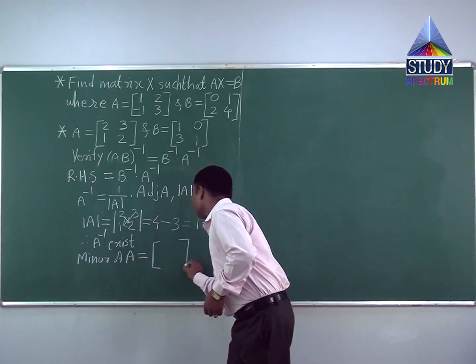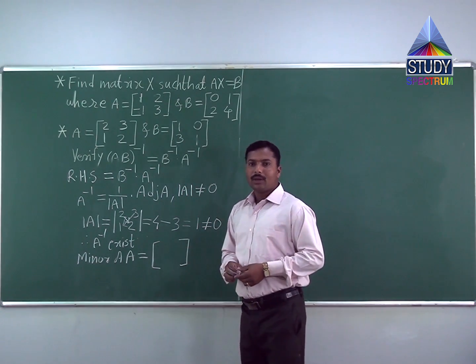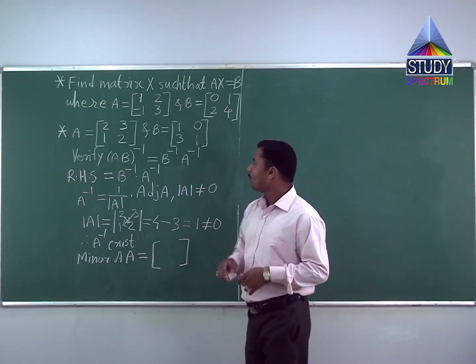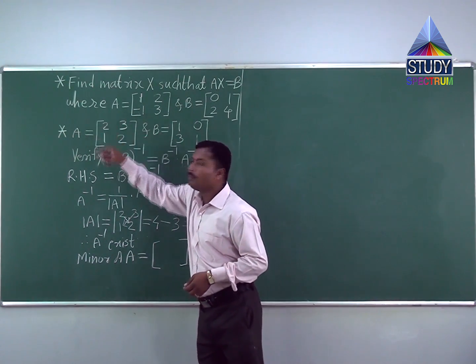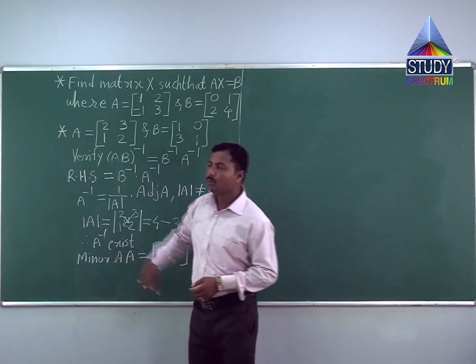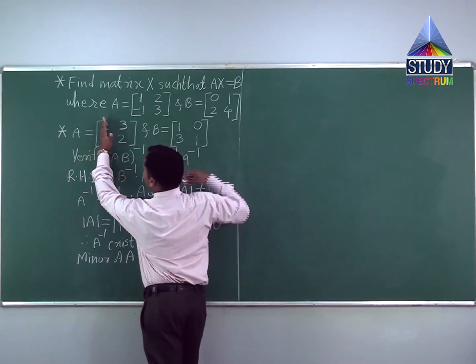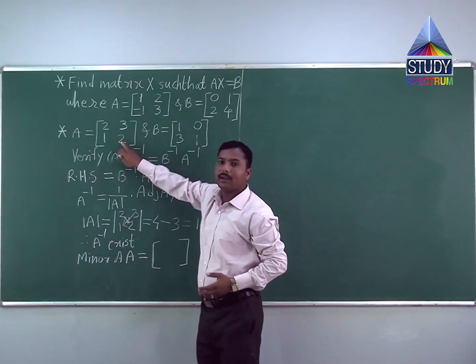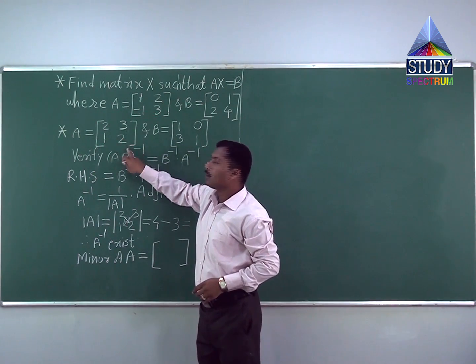Minor means the determinant obtained by deleting the row and column passing through that number. So what is the minor of this number 2? Delete the column and row passing through this number and take the determinant of the remaining number.